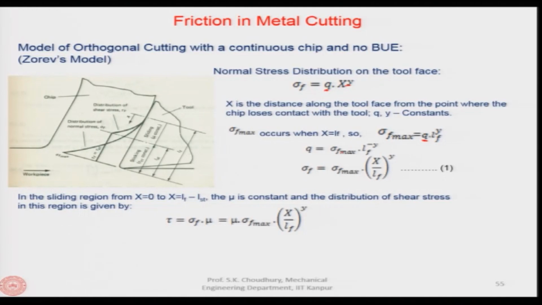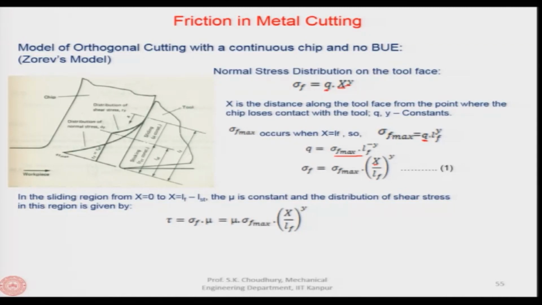Here we are putting the value of q, the constant value, so it will be sigma f max times x divided by LF to the power y. In this we are simply putting the value of x, and the q value we are putting here. So, ultimately what we are getting is sigma f is equal to sigma f maximum LF to the power minus y, and x is remaining here.